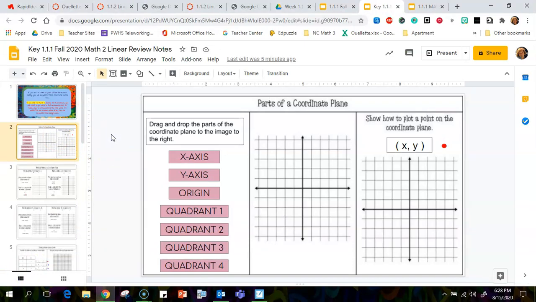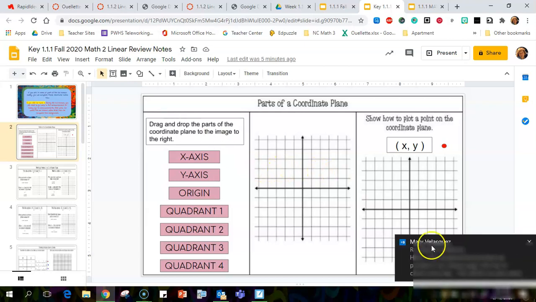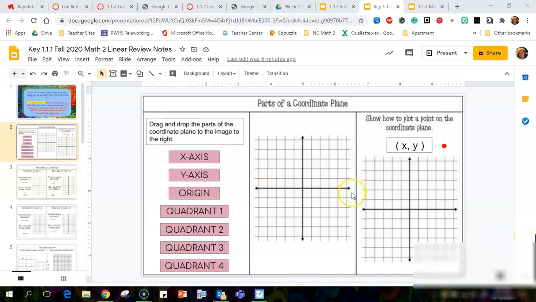All right, so if you remember from Math 1, and you should have learned this in 7th, 8th grade math as well, so you should have seen this for a few years in a row, really. This is called a coordinate plane. And what you want to do is come over here to the x-axis and make sure you've got these 4 arrows so you can drag this.